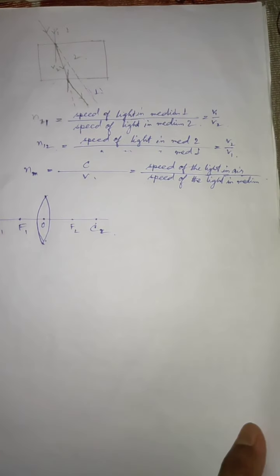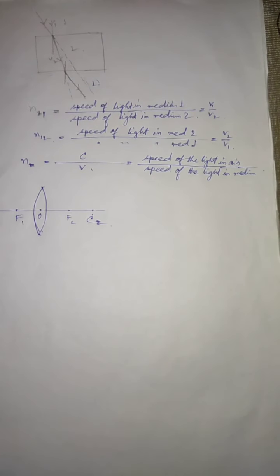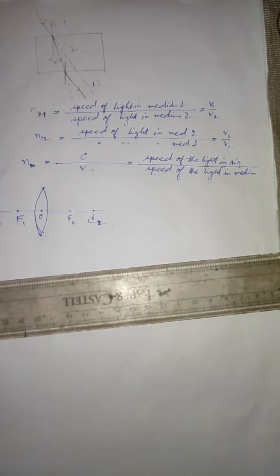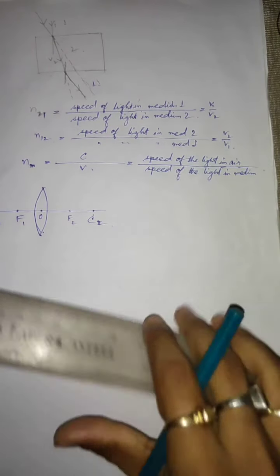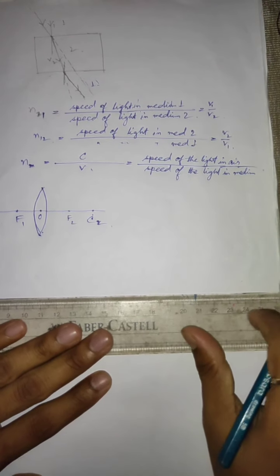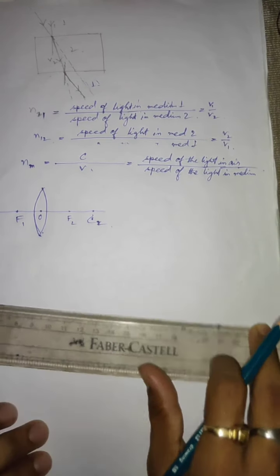Now I am showing you how to draw the ray diagram. Mainly these are asked in your exams, but how will you draw an error-free ray diagram showing the formation of image in the case of convex lens and concave lens? So first we shall draw a line. Principal focus we must draw.